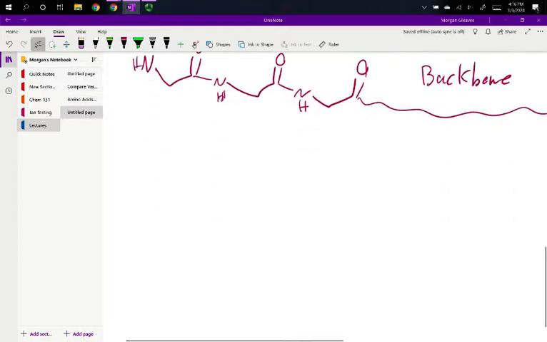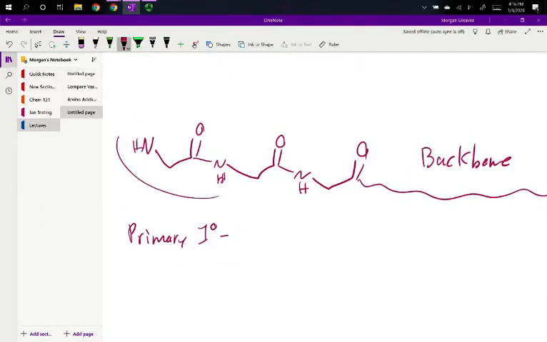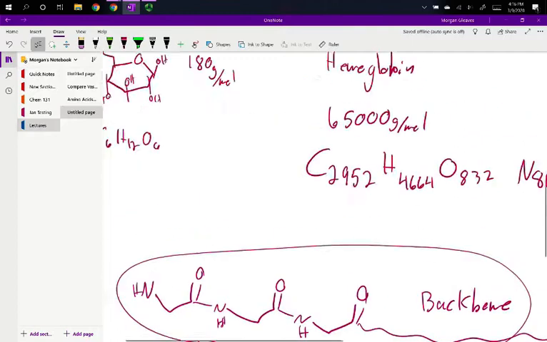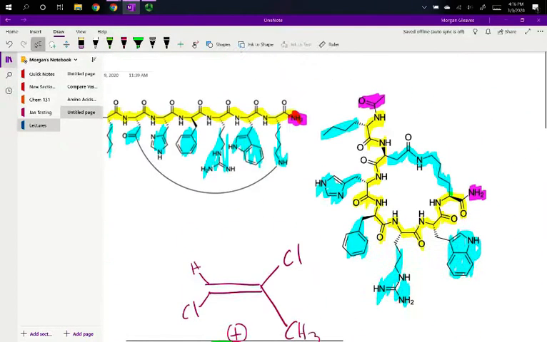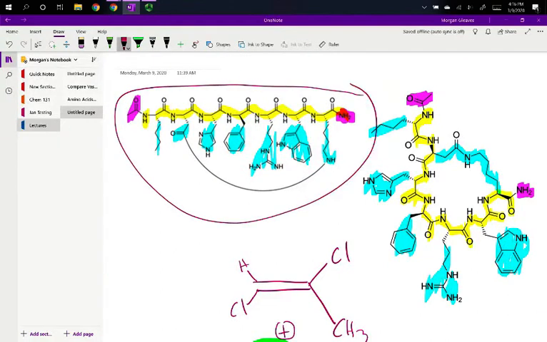For that, there are 4 levels of drawing. Primary, which is first degree, that is what we drew right here. A primary drawing is just like our very first structure at the start. So if I go back, I look at melanotan-2 here, this is a primary structure.